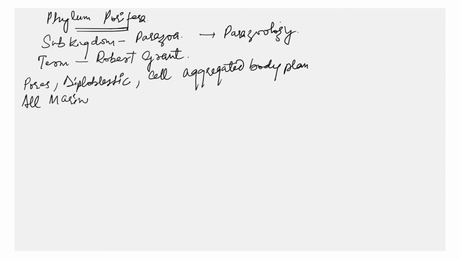That means they love seawater, except we have an exception here. We have an exceptional animal here, which is Spongilla. Spongilla are the only poriferans who love fresh water.